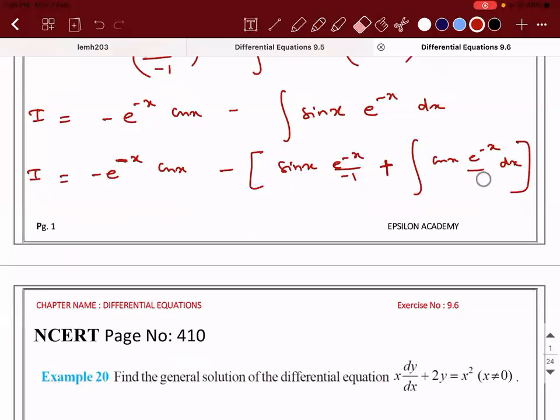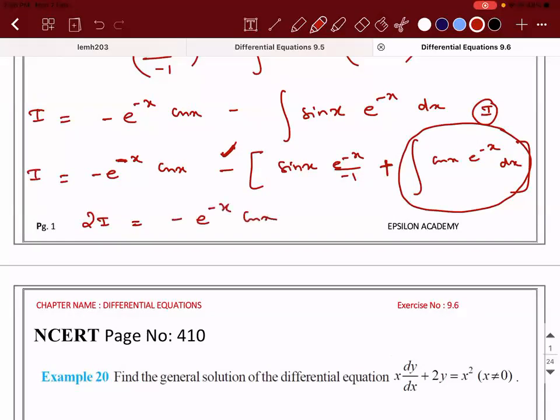I'll make this as plus and this is gone. Okay, if you observe, what is this whole thing? This is nothing but I only. So this I is multiplied with a minus sign. So when it comes to the left hand side, it becomes something like this. 2I will be equal to minus e power minus x cos x plus e power minus x sin x.